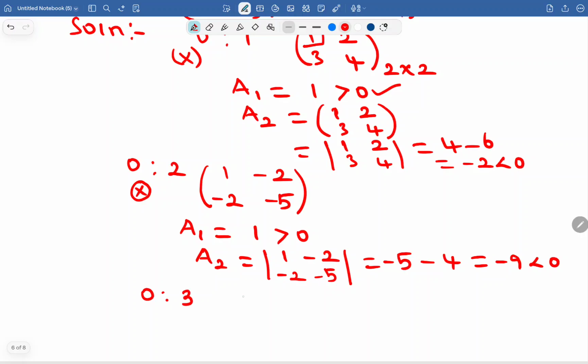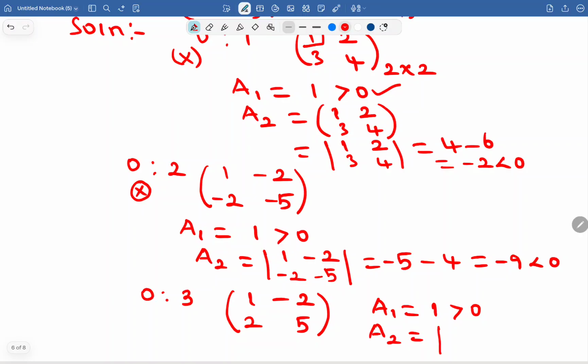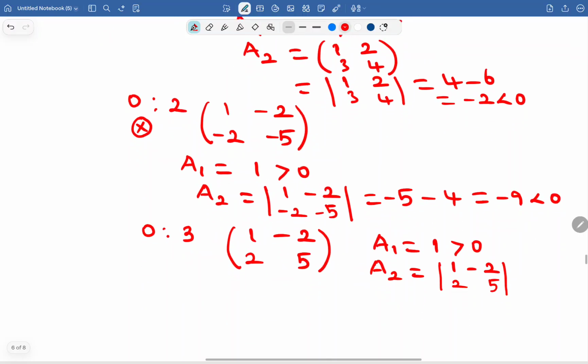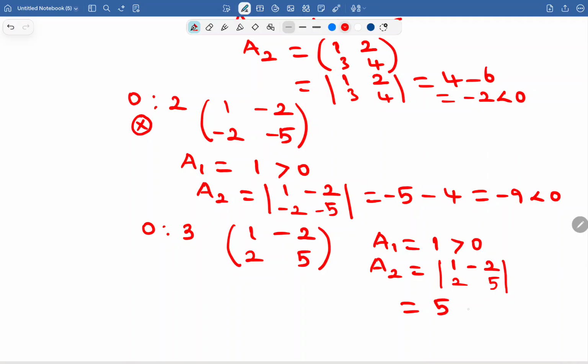Option 3, 1 minus 2 2 5. Here A1 is 1, greater than 0. What is A2? Determinant of 1 minus 2 2 5, which is equivalent to 5 plus 4, which is 9, greater than 0.